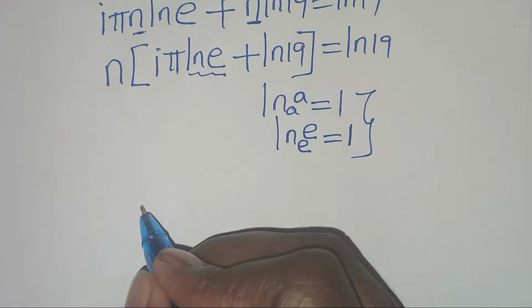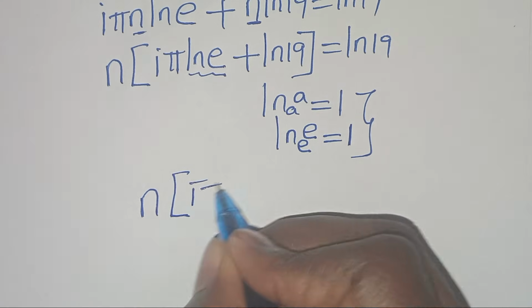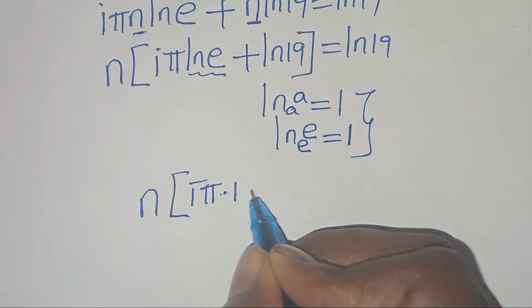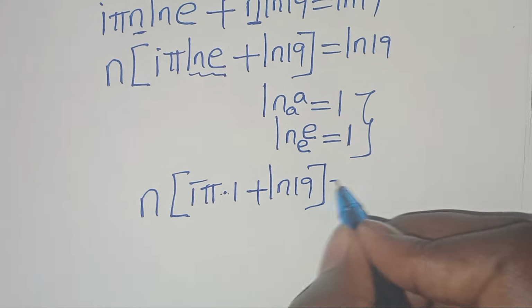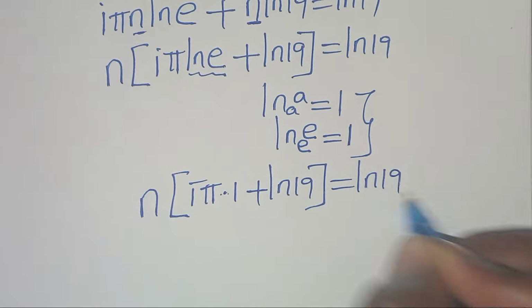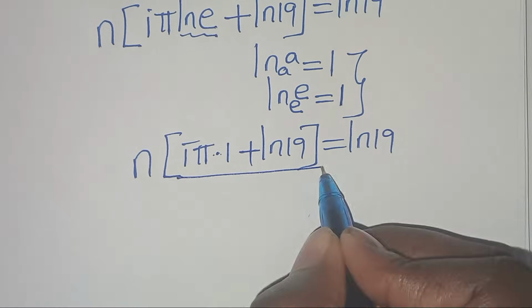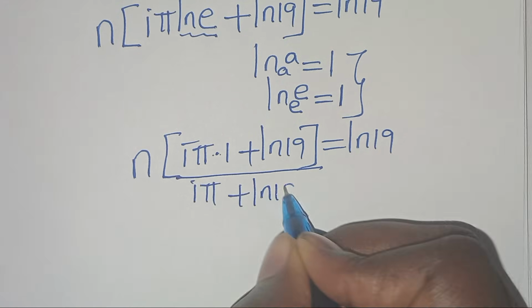So this implies that n into the parentheses iπ times 1, then plus ln of 19, this is equal to ln of 19. So let's divide both sides by iπ plus ln of 19.